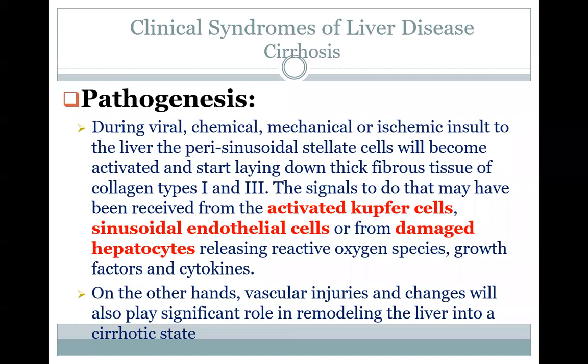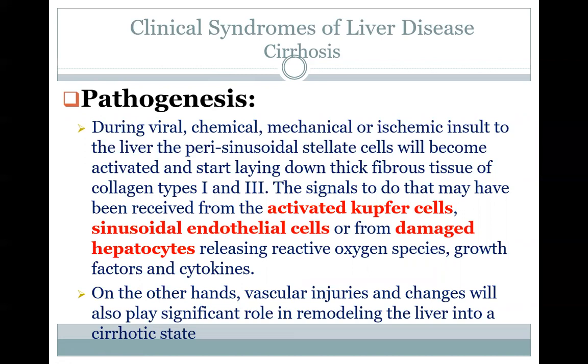All right, so the clinical syndromes of liver disease, starting with cirrhosis. What causes it? Pretty much everything. It is the end result of so many different processes, infectious, and if it's a chronic viral infection that is affecting the liver, such as Hep B, Hep C, it's going to end up in cirrhosis in a good number of cases, depending on what type of infection the patient is having.